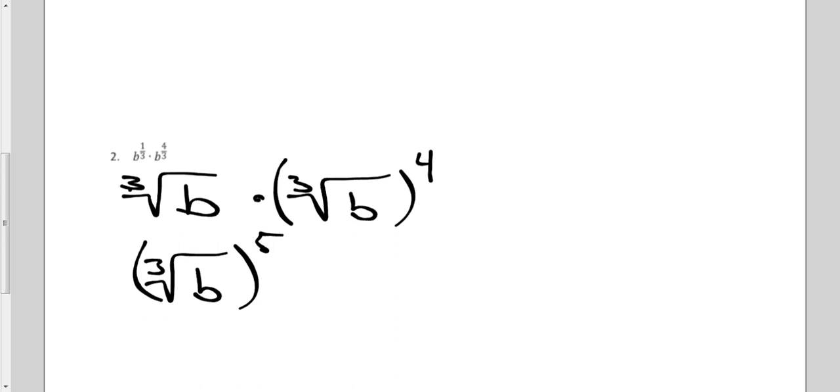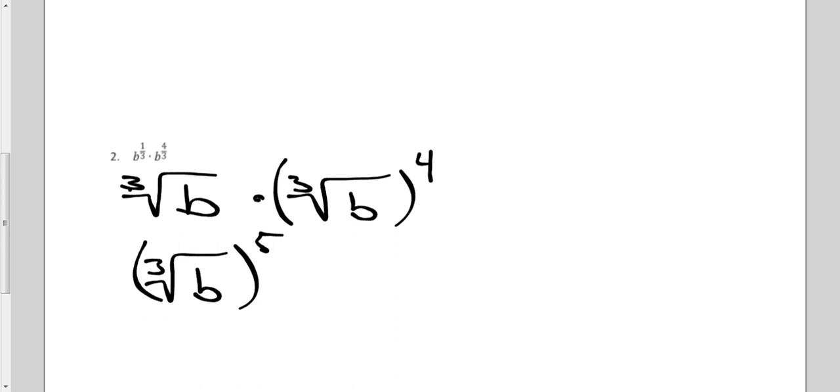Now, how many of those cube roots give me a b? This times this, I got this, right? Which is one of them. Times this, which is four of them multiplied by itself, right? So 1 times 4 more gets me 5 of them. Now, I got 5 of these multiplied together.